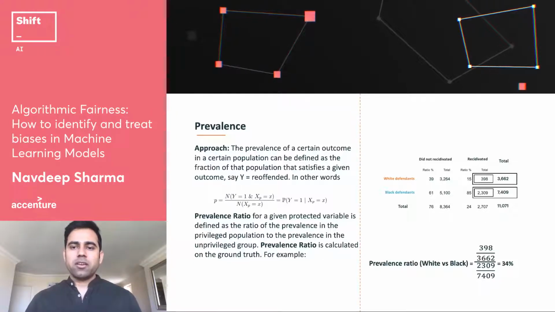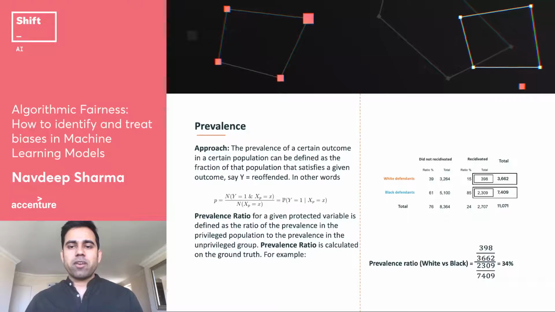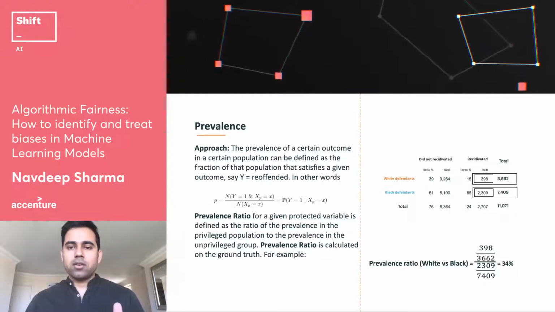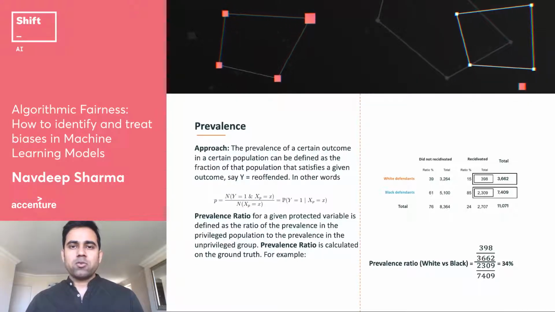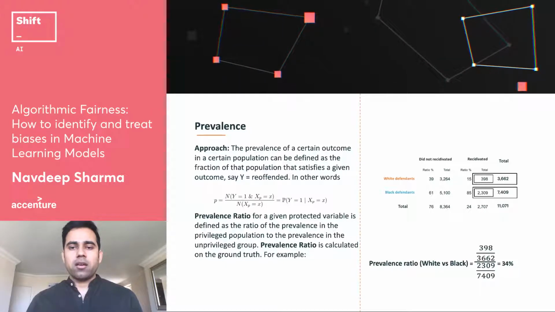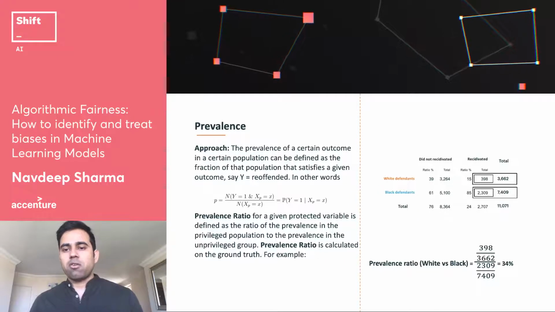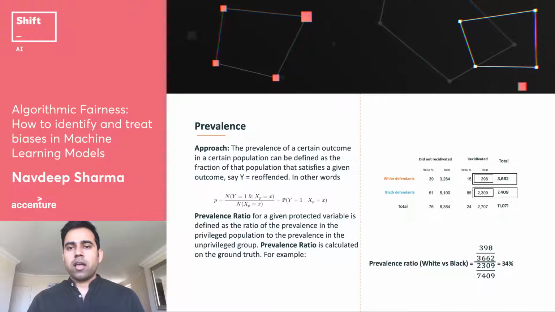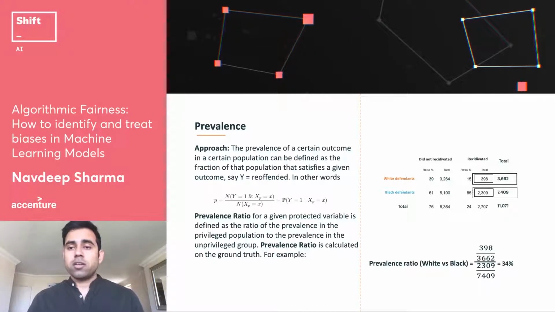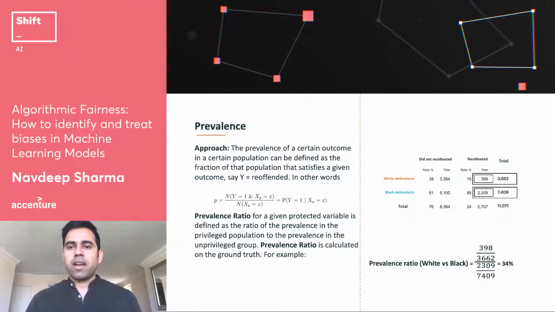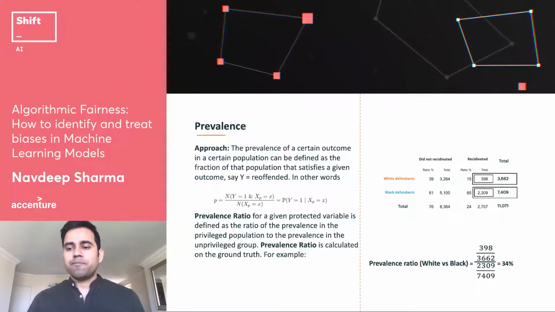In fair machine learning algorithms, we typically calculate prevalence for each of the subgroups of the protected feature, and we then compare two subgroups, divided into privileged and non-privileged classes, and try to build a ratio between privileged and non-privileged classes. If the ratio is equal to 1, then it's a completely balanced data set, but a lower ratio will determine higher imbalance in the data.